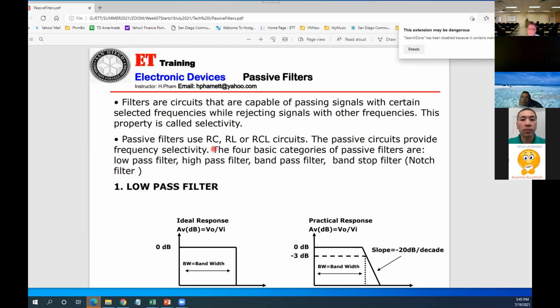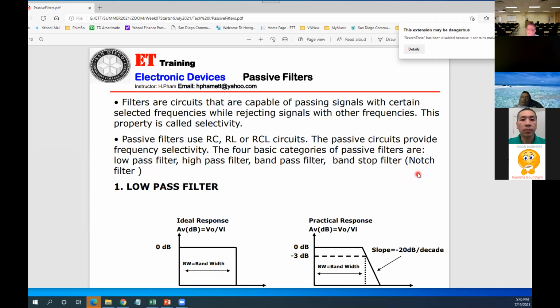Passive filter, RC, RL, or RCL circuitry. Passive circuits provide frequency selectivity. The four basic categories of passive filter will be low pass filter, high pass filter, band pass filter, and band stop filter.